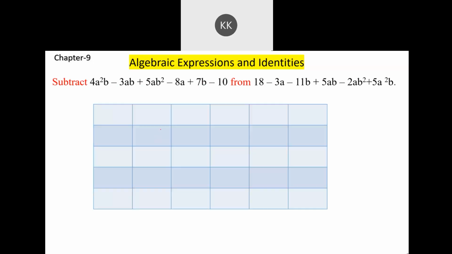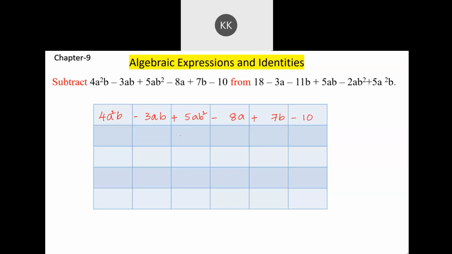In such cases, if I use the table like this, 4a square b I will write, then minus 3ab plus 5ab square minus 8a plus 7b minus 10.